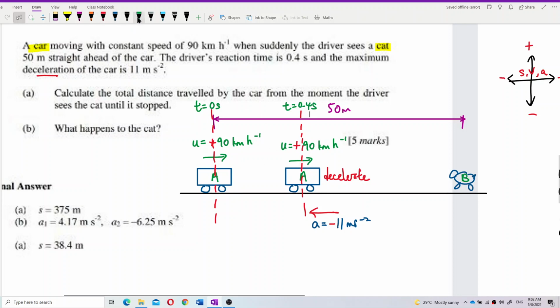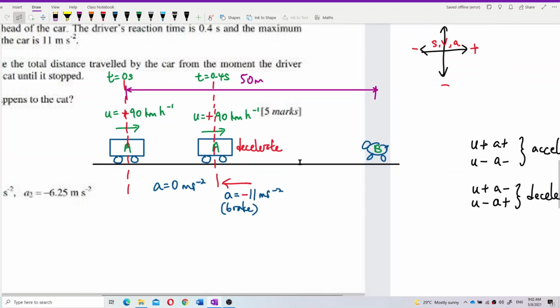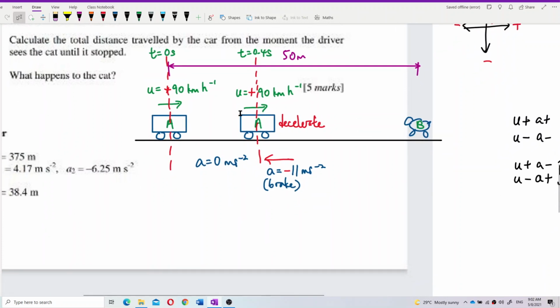So over here the acceleration is 0, because no braking. This one is still within the reaction time. This one, after the reaction time, then it starts to brake. So we can see there are two parts here.